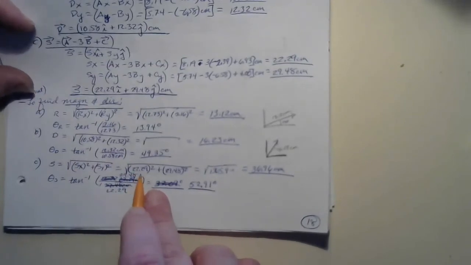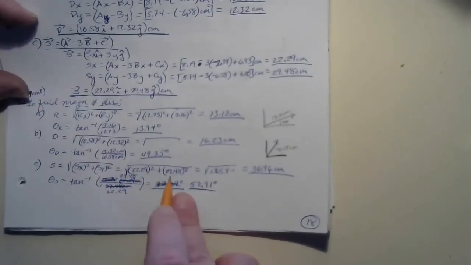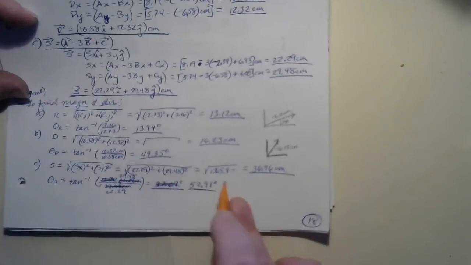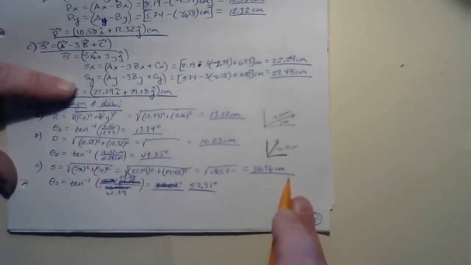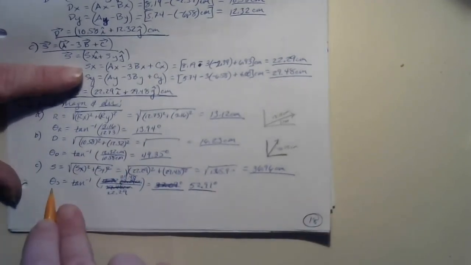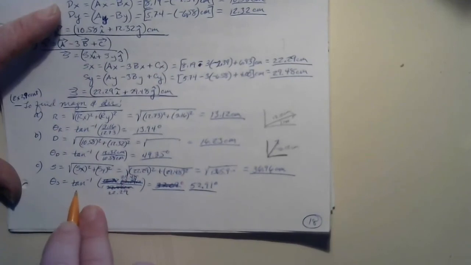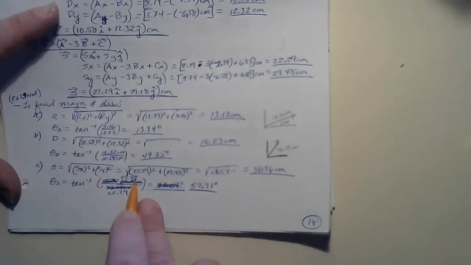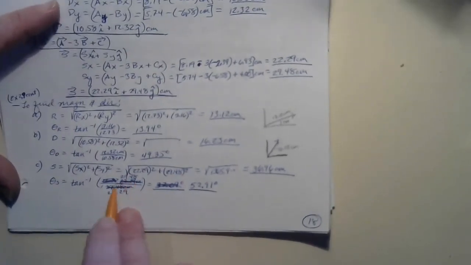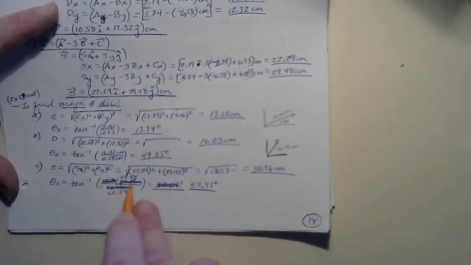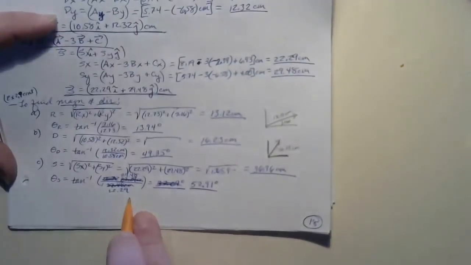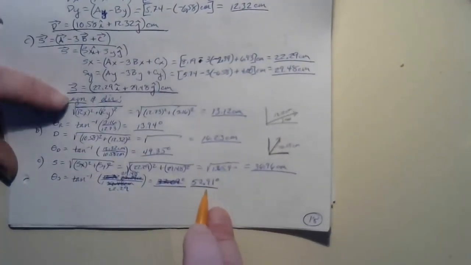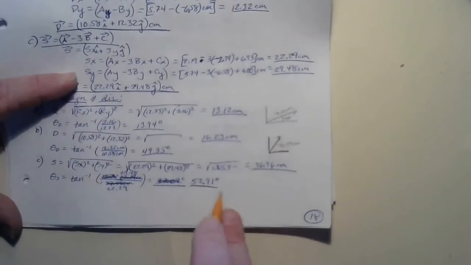And so that's 22.29 squared plus 29.48 squared, take the square root, and you end up with 36.96 centimeters. The direction, again, is just inverse tangent of the y component over the x component. I kind of screwed up and originally put it the other way around. Anyway, it's 29.48 over 22.29, and the angle you get will be 52.91.